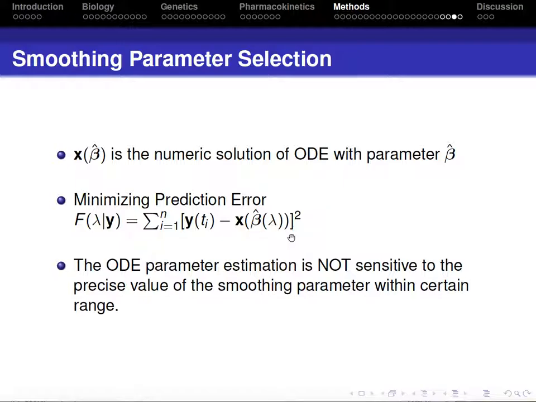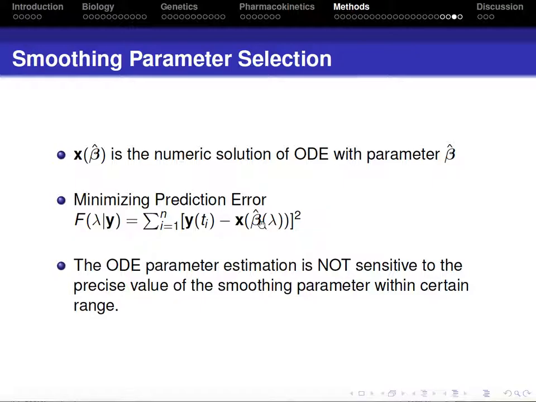Okay, and so there will be no overfitting problem here. The reason is because for any smoothing parameter lambda, we always solve the ODEs with the parameter beta. In other words, the ODE will have the same number of parameters. It's different from smoothing splines, where we can increase the spline coefficients and overfit the data, right?